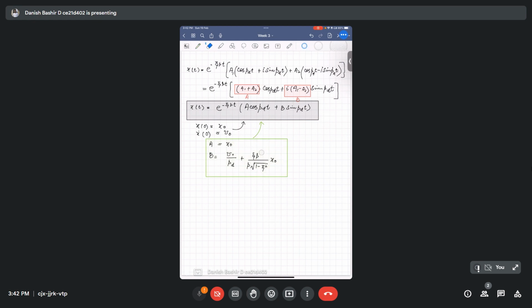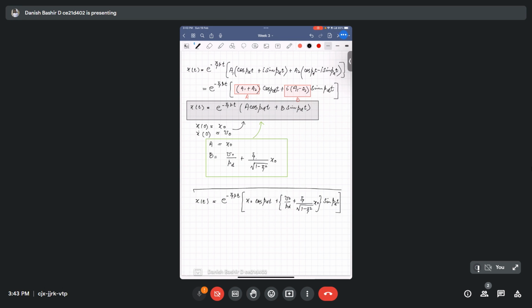We will have x of t equal to e power minus theta pt times x naught cos pd t plus v naught by pd plus theta times under root of 1 minus theta square times x naught, sin pd t.